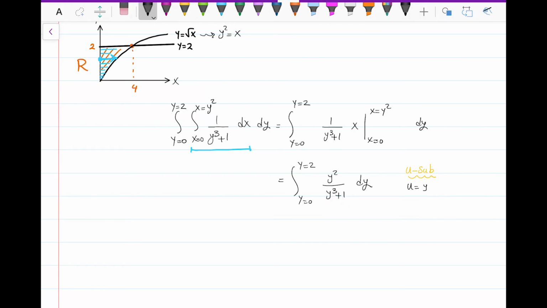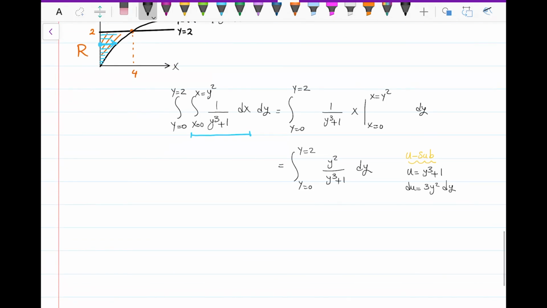So u is y cubed plus 1, and du would be the derivative of that, 3y squared dy. Okay, so replace everything. I'm not going to change the bounds. I'm just going to keep the bounds and rewrite everything, solve the integral, and then after that I replace u with the function and use the bounds.